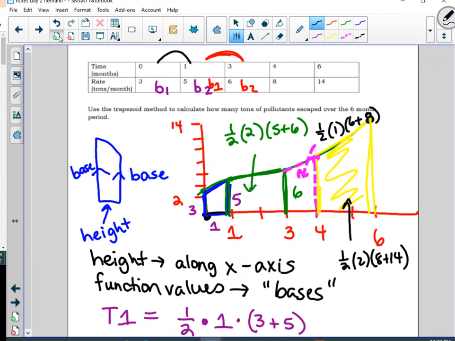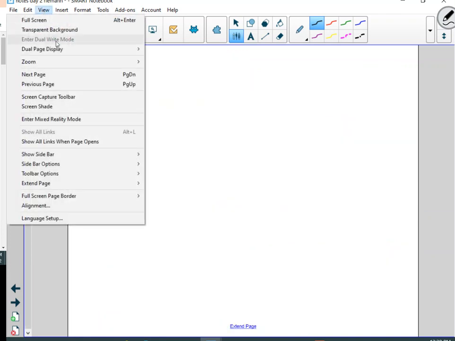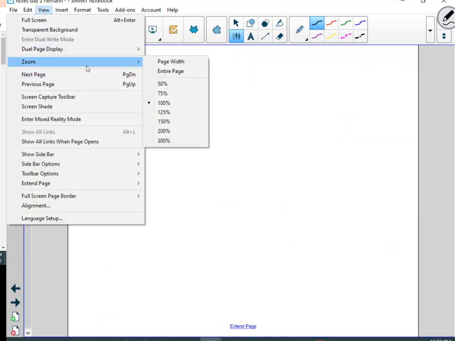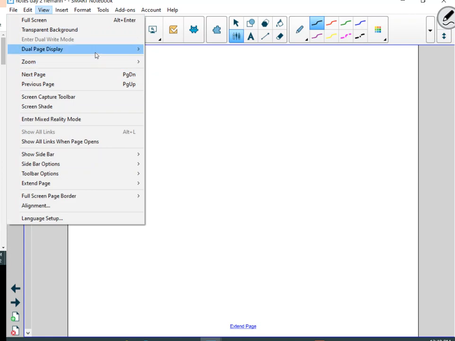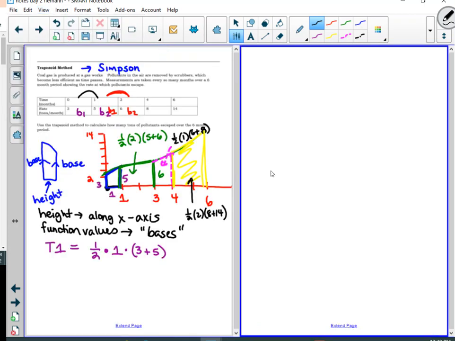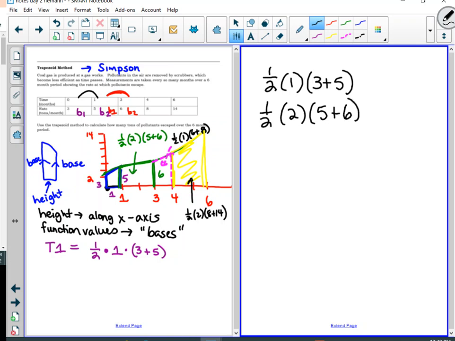Now I'm going to pull another screen up here and do a double screen so I can organize my work a little bit more. All right, so what did I do? My first trapezoid was 1/2, 1, 3 plus 5. Trapezoid 2, 1/2, 2, 5 plus 6.